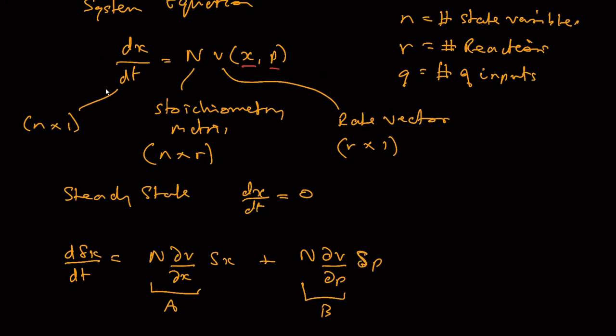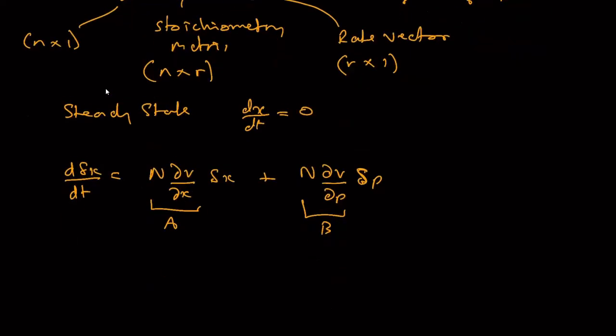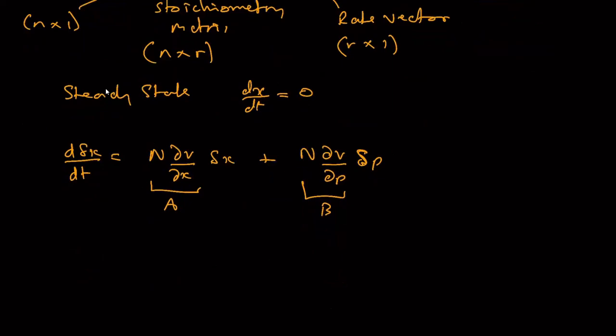So we have a delta P and a delta X. That's the linear system. What are these matrices? The dv by dx is an R by n matrix of partial derivatives, and the dv by dp is an R by Q matrix of partial derivatives. If you only have one input, of course, the dv by dp is a column vector.